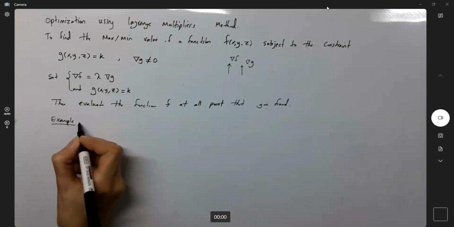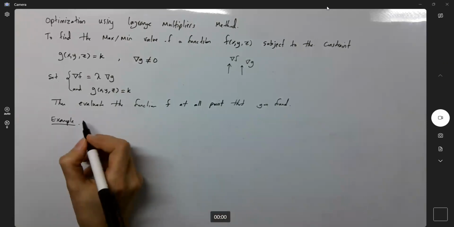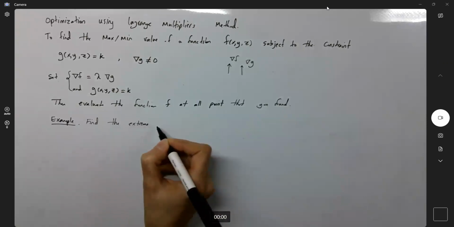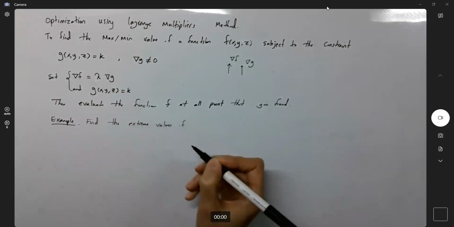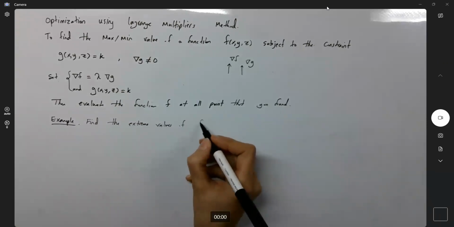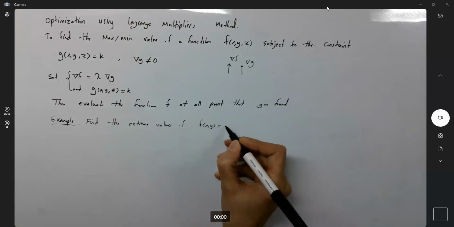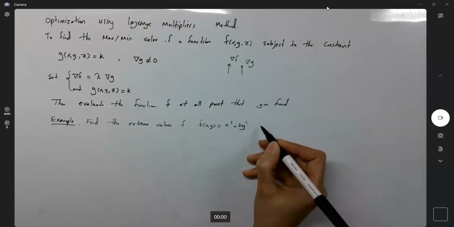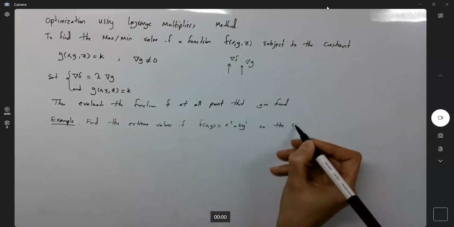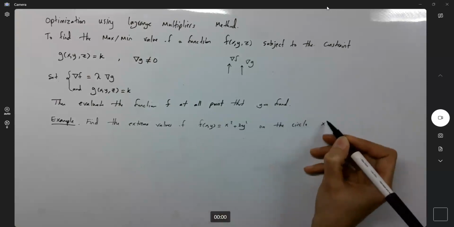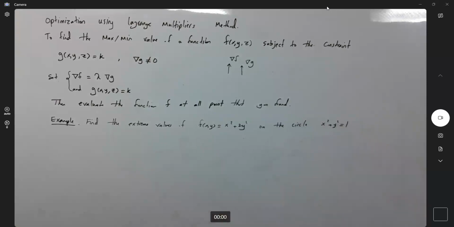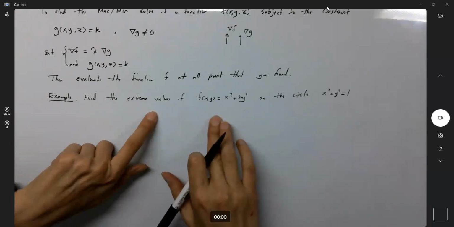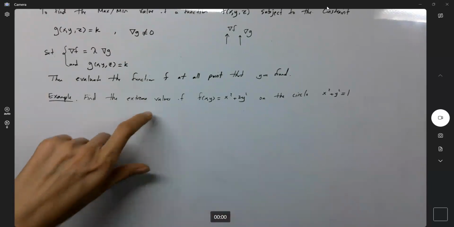In this example, I ask you, find the extreme values of this function, f of x and y, which is equal to x squared plus 2y squared, subject to, on this circle, x squared plus y squared equals 1. This is what we're trying to maximize or minimize. All right, very good.